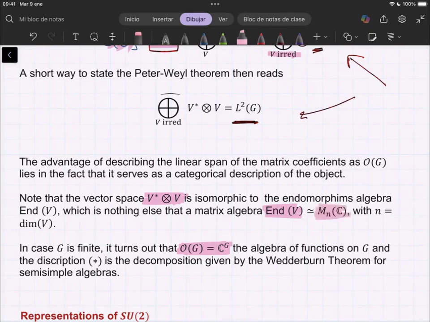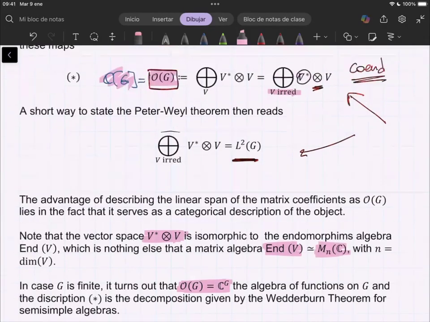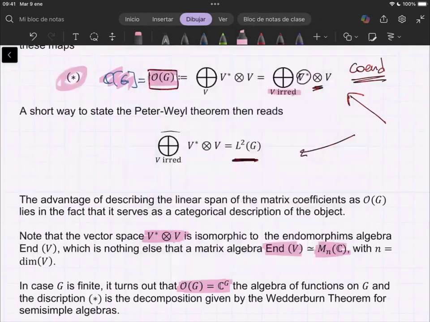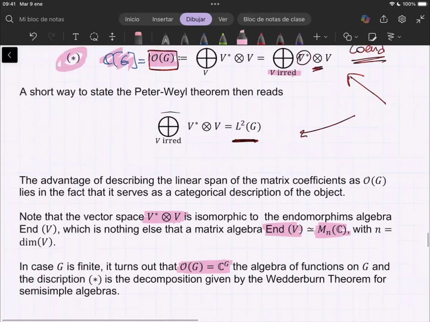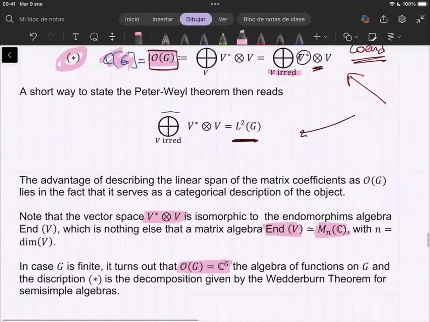So the decomposition given by this star is another way of finding the famous theorem of Wedderburn, that any semisimple algebra is the direct sum of matrix algebras. So we find the Wedderburn theorem here as a consequence of what we are doing for finite groups.